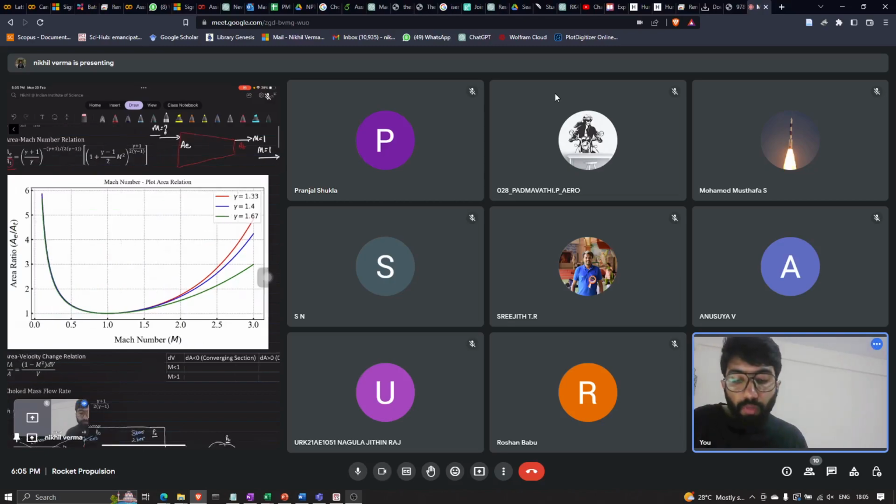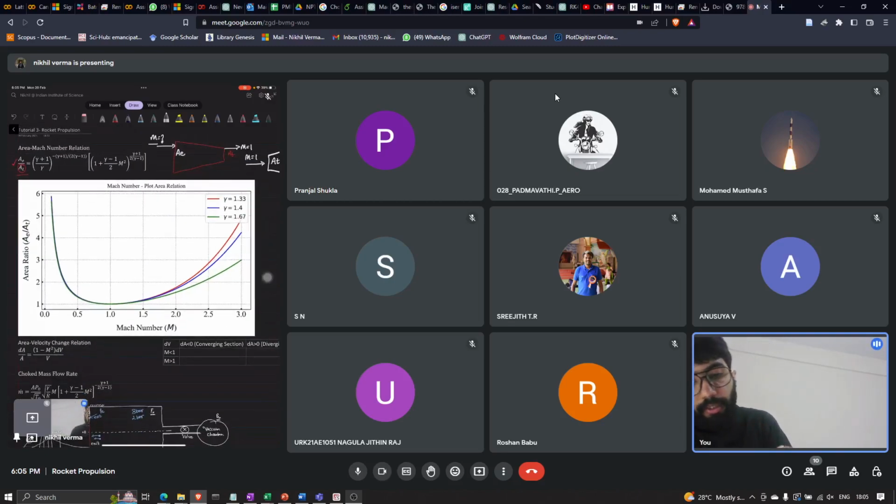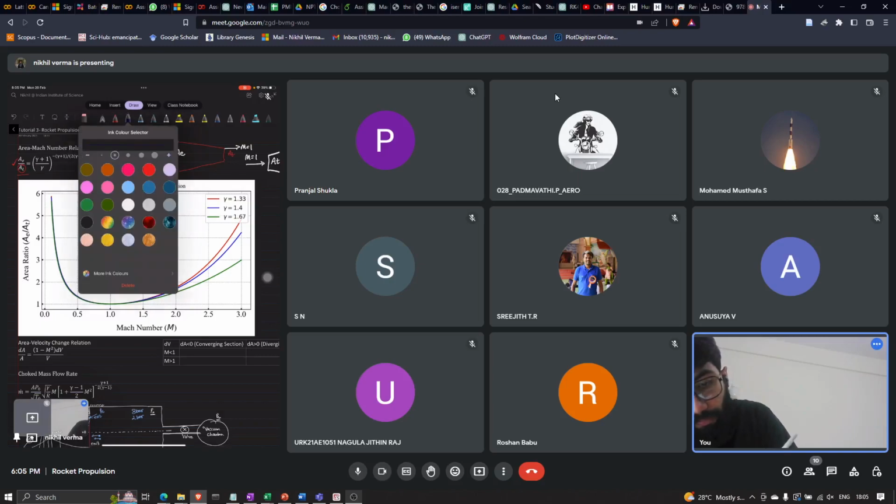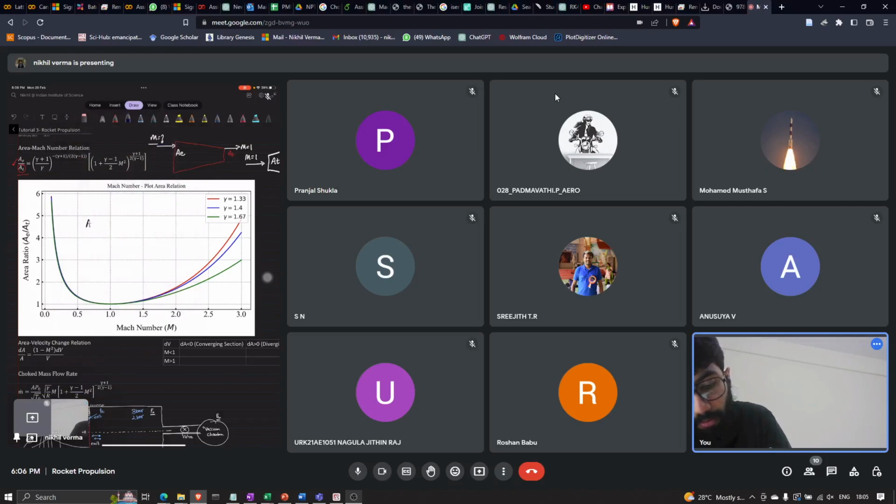If you see this plot, for a given area ratio you have two solutions, one at this location and one at this location.